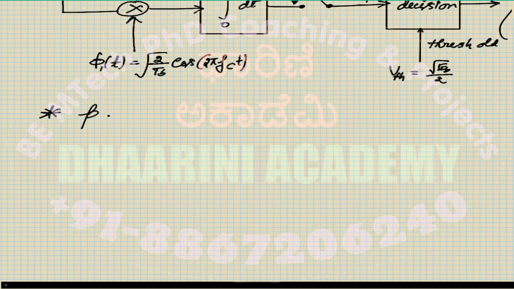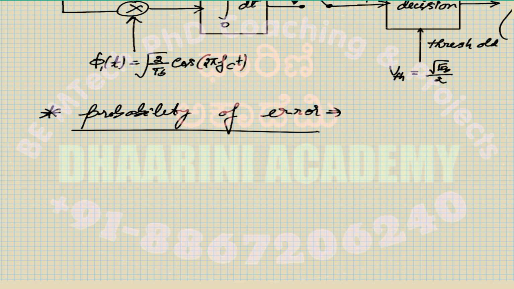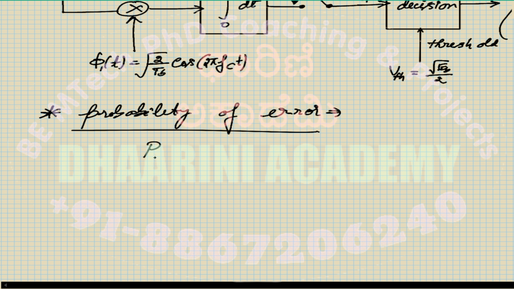The probability of error basically indicates, when one of the symbols is sent, what is the probability of the other symbol being received. In this case, we actually have a longer derivation for the probability of error calculation, so we'll skip that and directly write the equation.